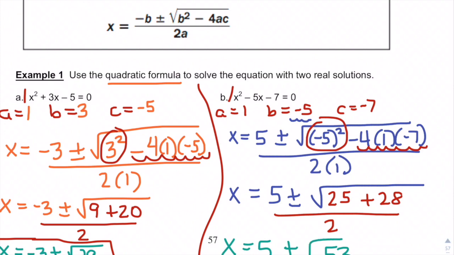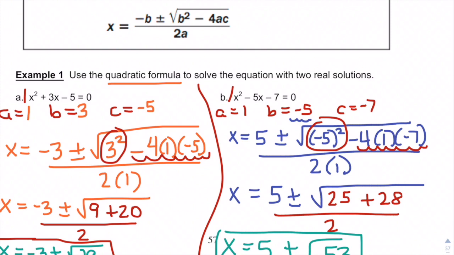The last thing I need to think about is, does any number go into 53? So 53, I don't think 4, nope, 9, nope, 16, no, 25, no, none of the perfect squares go into 53. So, woohoo, we're done. So that problem is now simplified.